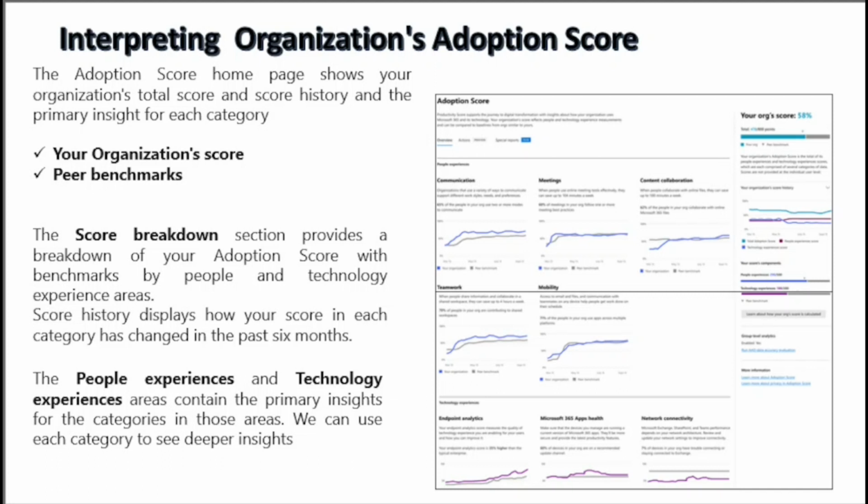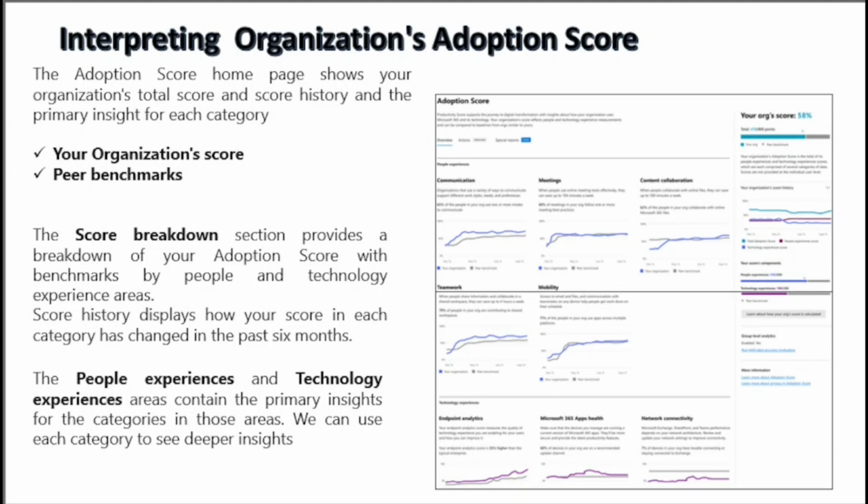Peer benchmarks allow us to compare our organization score with organizations like us. The peer benchmark for the people experience category is calculated as the average of measures within a set of similar organizations. The set of organizations is composed of organizations in your region with a similar number of licensed users, types of license, industries, and tenure with Microsoft 365.